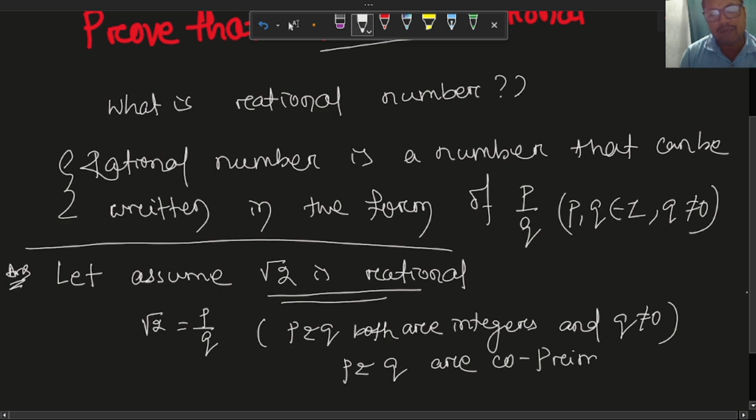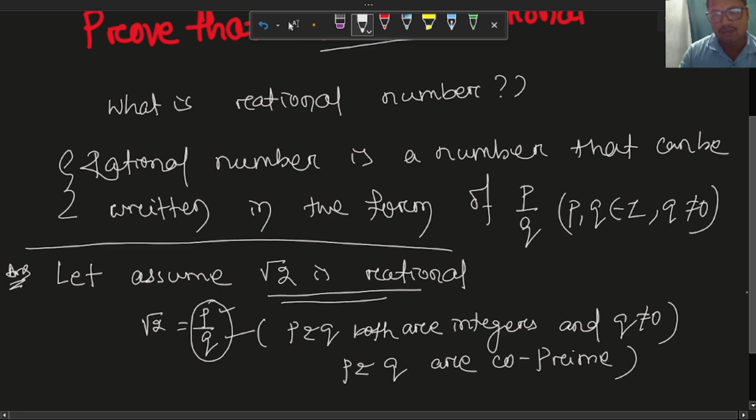What do we mean by co-prime? Co-prime means there is no common factor except 1. So 1 is the only common factor between the two. Here p and q have only 1 as a common factor. If other common factors are there, then the form p by q for root 2 does not hold.